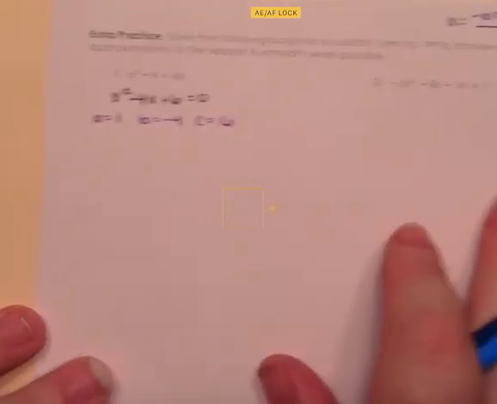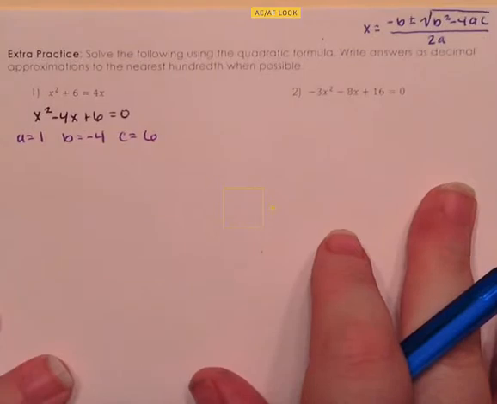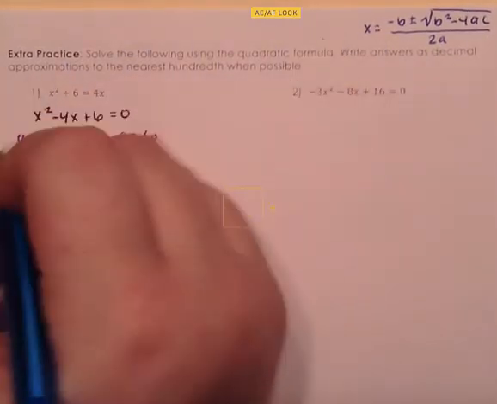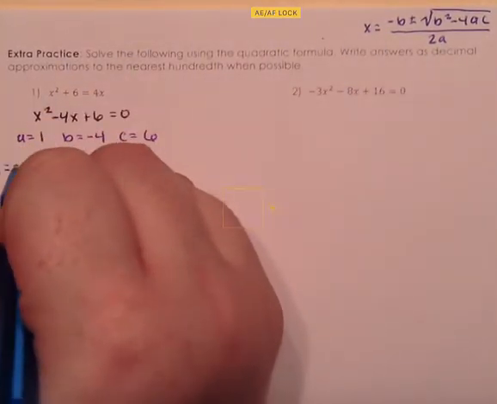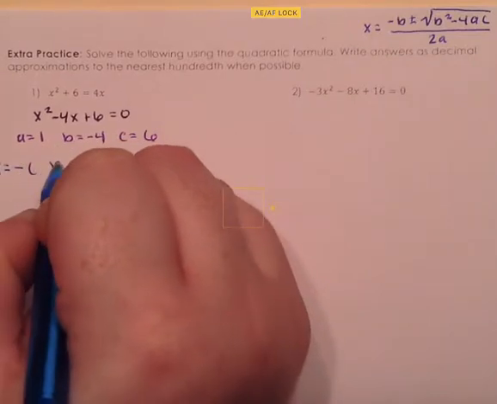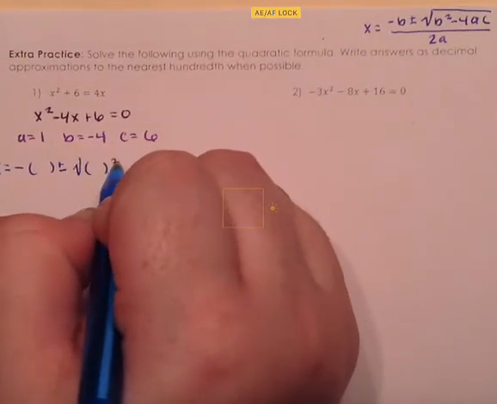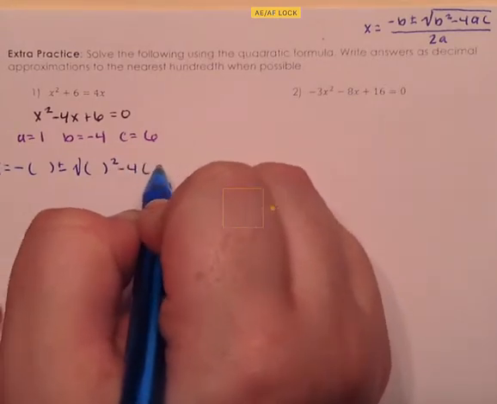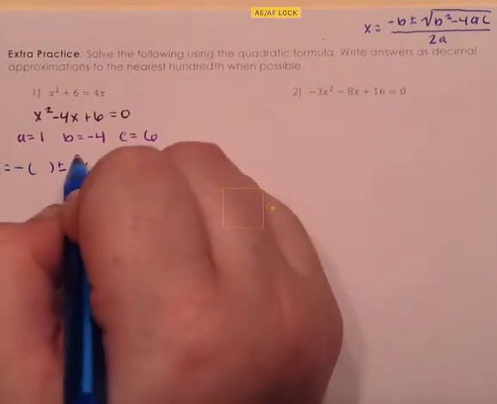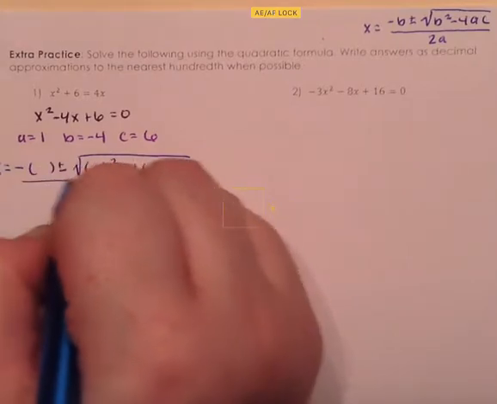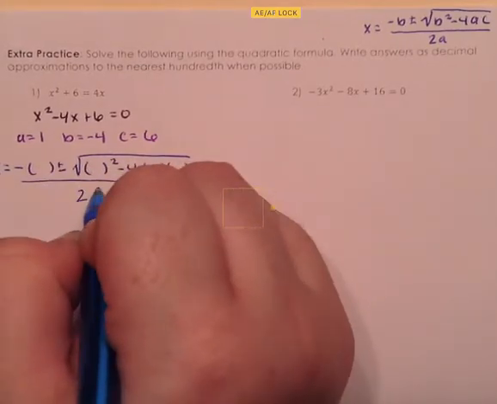So everywhere I see a letter in my quadratic formula, I'm going to put parentheses, except for the x. So we have x equals negative parentheses plus or minus the square root of parentheses squared minus 4 parentheses, all over 2 parentheses.